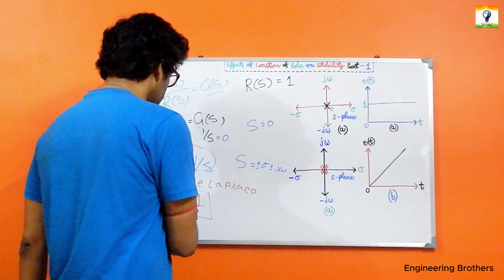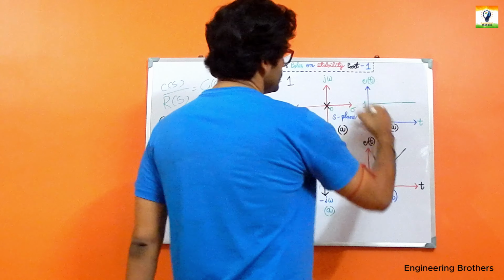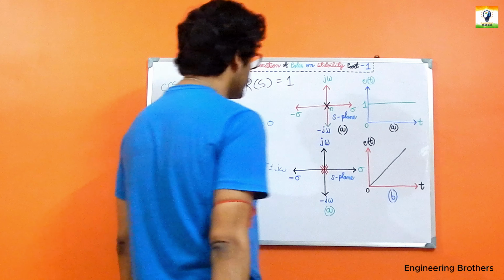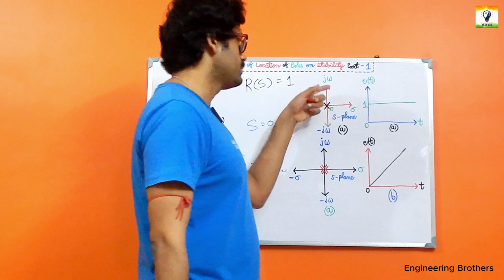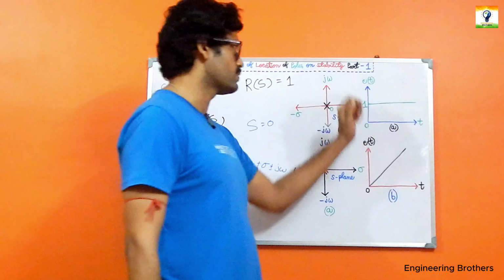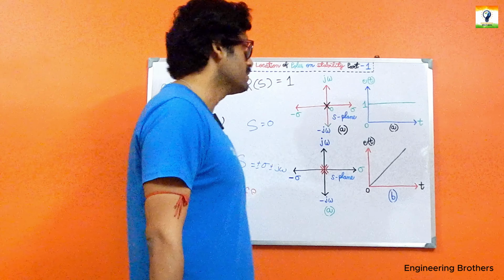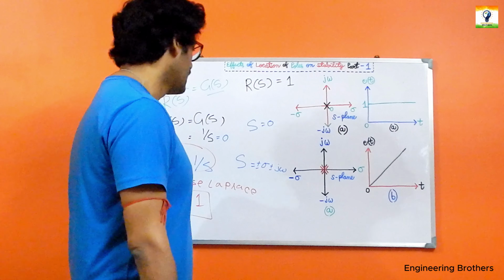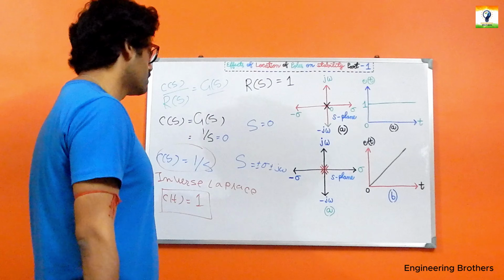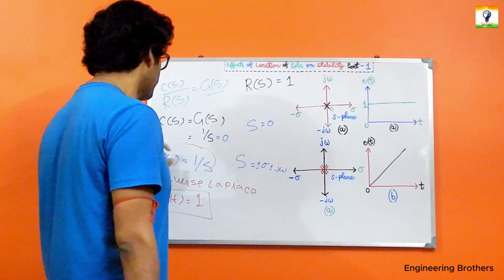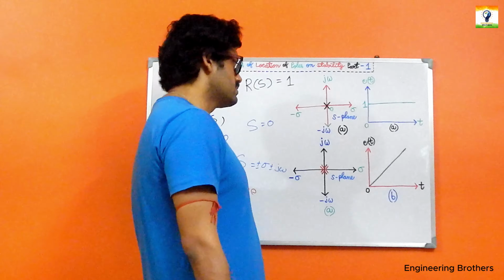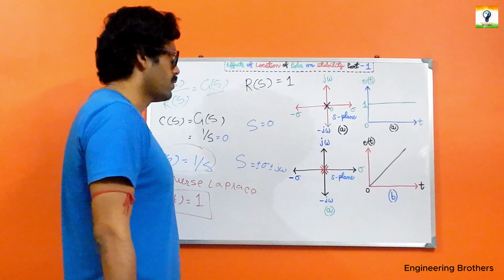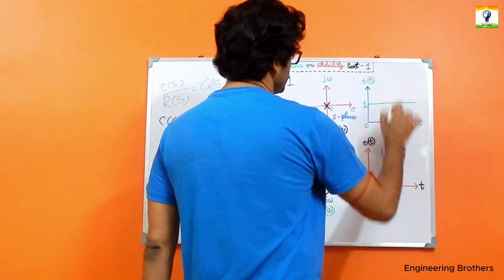By using this, we have considered this right hand side curve, which is c(t) equal to 1. This one is applicable for our s plane, and this one is applicable for our time domain analysis. If you apply the inverse Laplace on C(s) equal to 1 by s, ultimately we have c(t) equal to 1, and we have considered this graph.